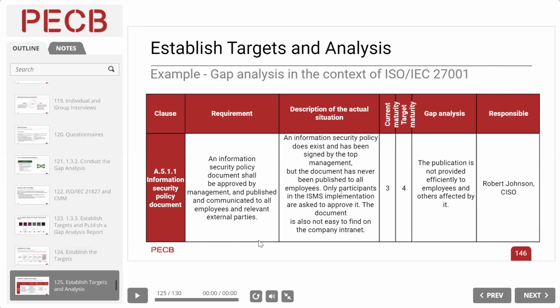We can also describe the gap, what needs to be done to bridge the gap between the 3 and the 4. And then we also identify who is responsible for implementing it.